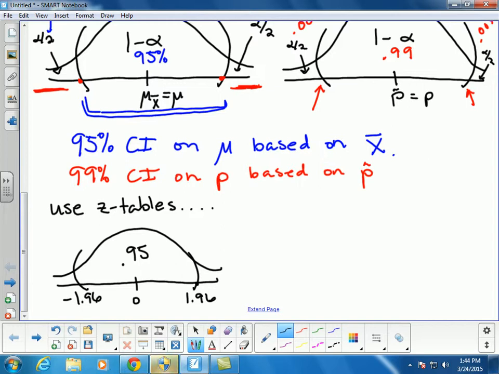The empirical rule says 2. The actual integration tells us 1.96 and negative 1.96.